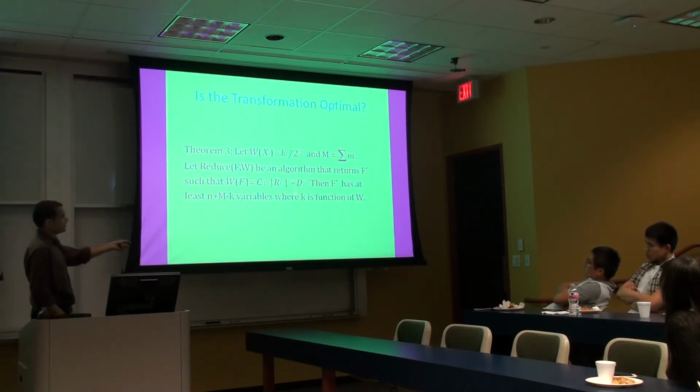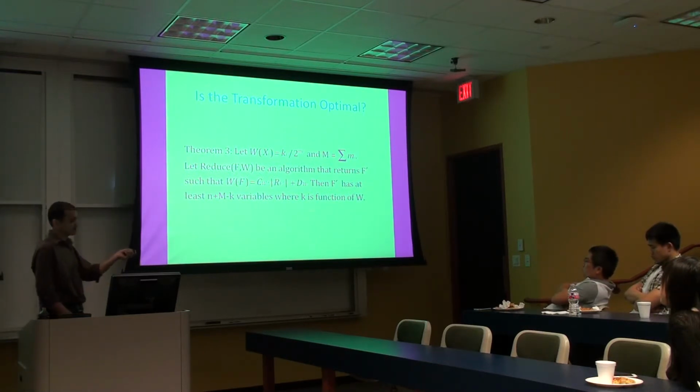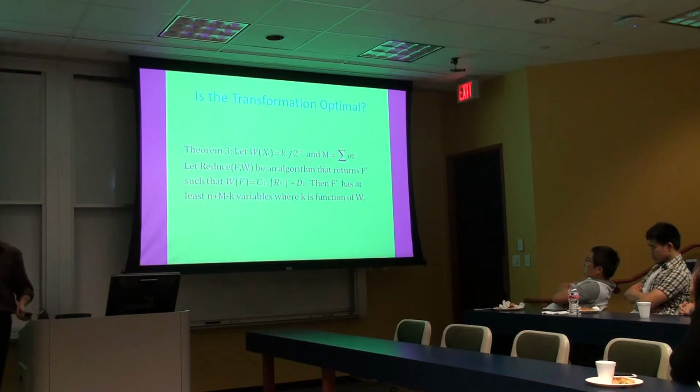In our case, dw was 0, but even if you allow it to add some constant, then what we showed is that f prime has to have n plus capital M minus k variables, where k is a function of the weight function. I did not put it since it was making the slides ugly.